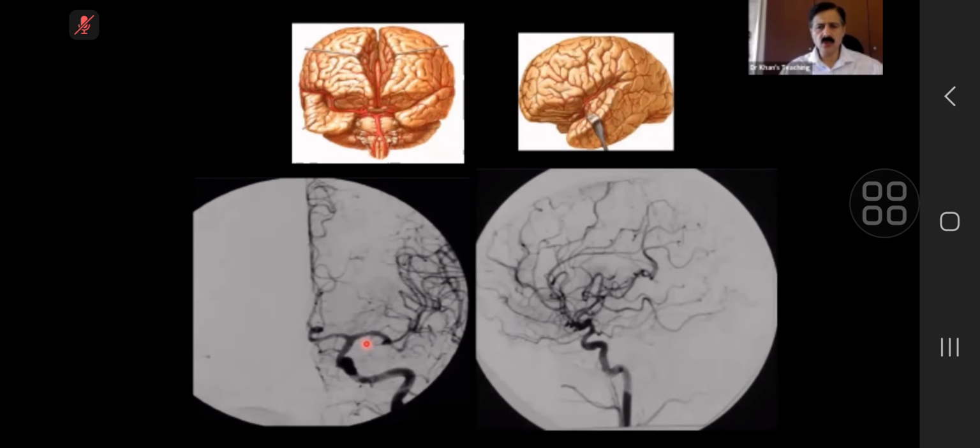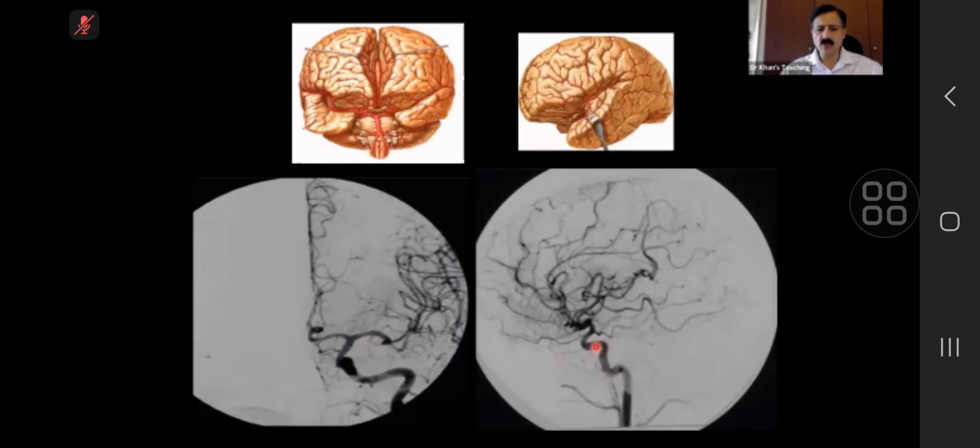You should know which artery is this. I'm not going to spend time on teaching you anatomy on angiogram, but I am advising you that before the exam, you have to do it. Because your chances of getting a case of DSA or conventional angiogram are less, but still they show you. Please remember.